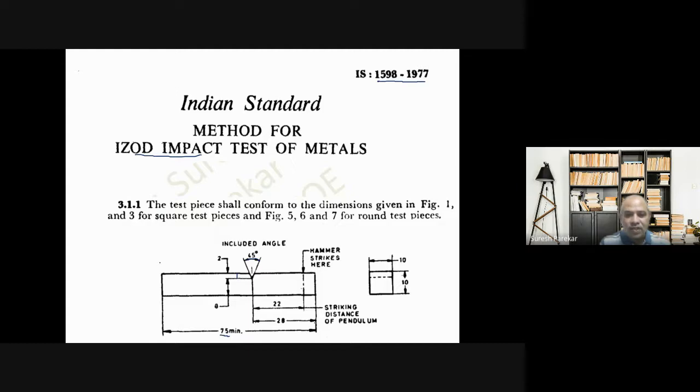We have it fixed on this side, and then the hammer will strike at 22 millimeter from the notch, or we can say 6 millimeter from the top. The size, as you can see, is 10 by 10 by 75 mm for the Izod test. So this is the diagram of the specimen for the Izod test.